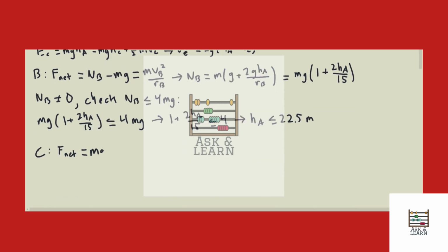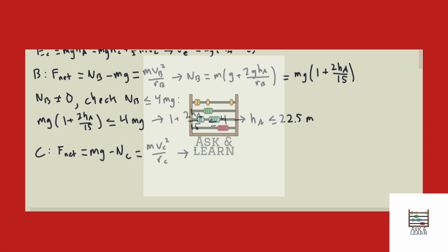So we'll have mg minus N_C, again equal to ma. And again, we're moving in a circle with centripetal acceleration, so our acceleration is equal to v squared over r. So it will be m v_C squared over r_C.